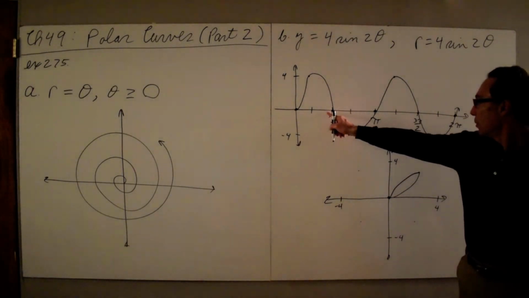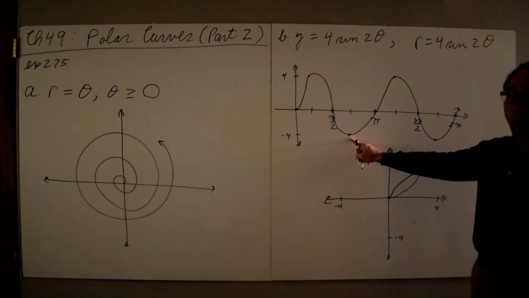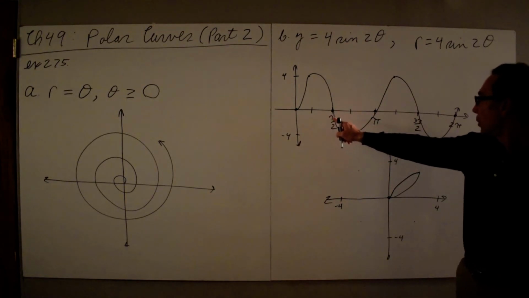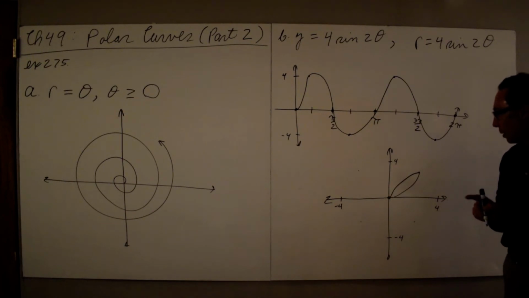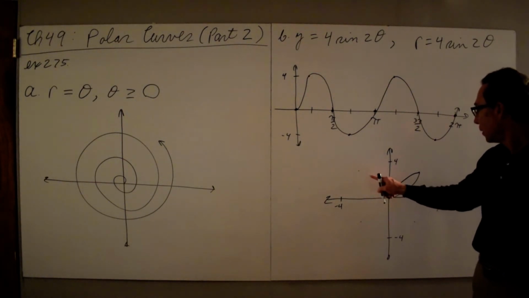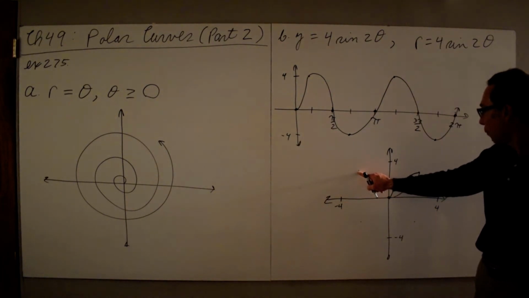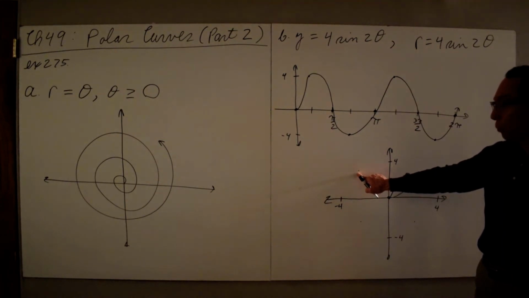As theta increases from pi over 2 to 3 pi over 4, r goes from 0 to negative 4. Now, 3 pi over 4 is this point right here. This is the point 3 pi over 4 in polar coordinates.